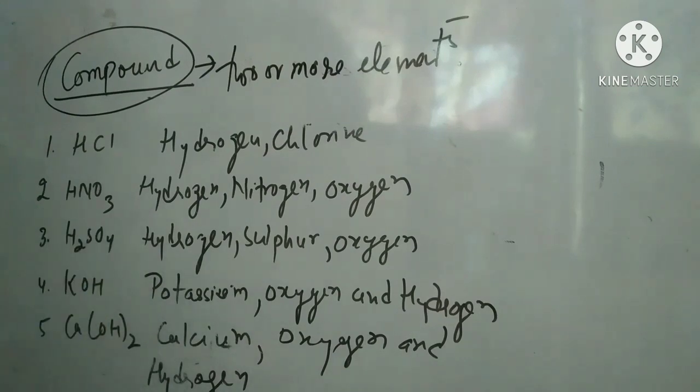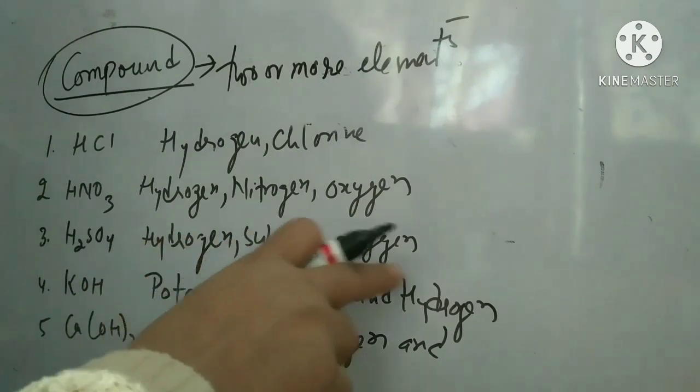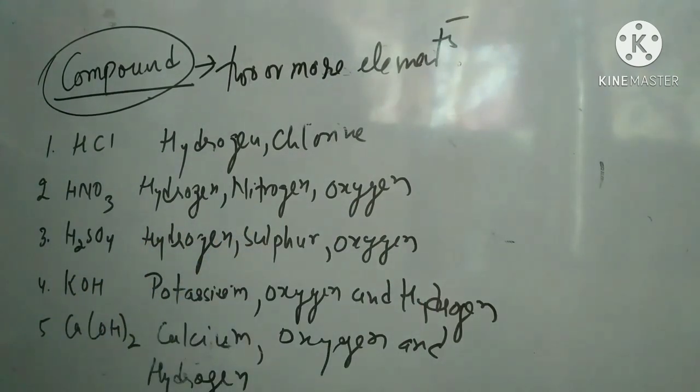The elements present in sulfuric acid are hydrogen, sulfur and oxygen. Then potassium hydroxide. The molecular formula for potassium hydroxide is KOH.